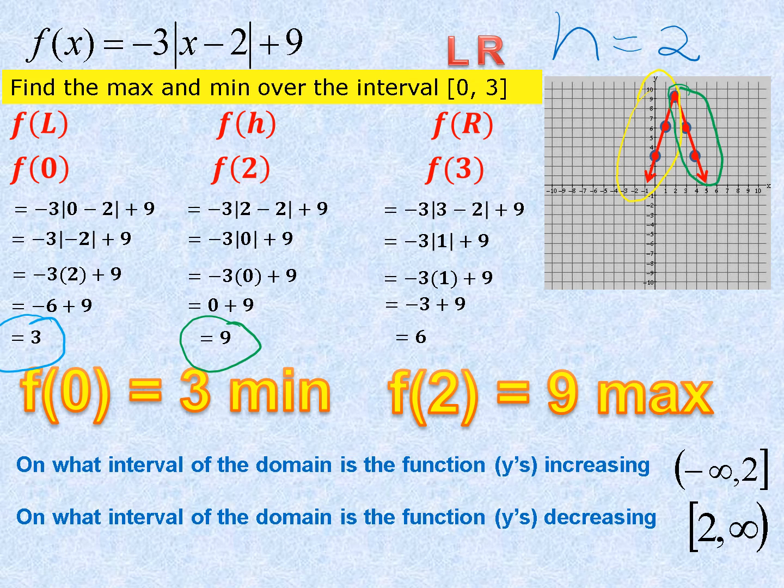So basically, when they ask you over what interval is it increasing, over what interval is it decreasing, now, if a is positive, that'd kind of be a little flipped, but you just kind of have to look at your graph. So you're breaking that negative infinity to infinity into negative infinity to h, and then h to infinity. So you're kind of just saying this part's increasing, this part's decreasing.